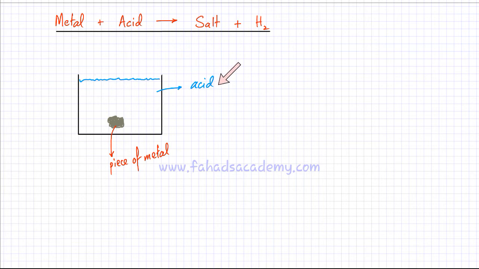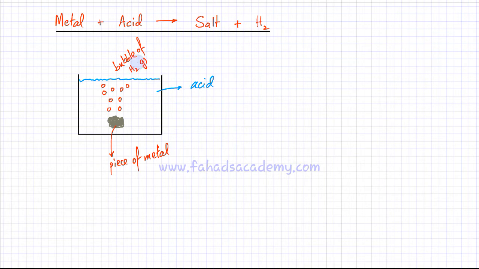What you would immediately see is that the metal would start to dissolve, and you would notice bubbles of hydrogen gas being formed. As soon as you put a metal in an acid, you're going to see bubbles of hydrogen gas.